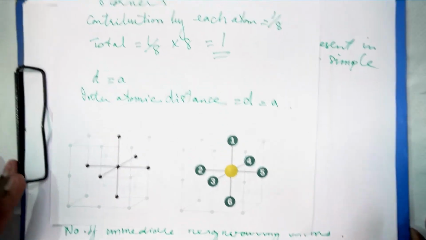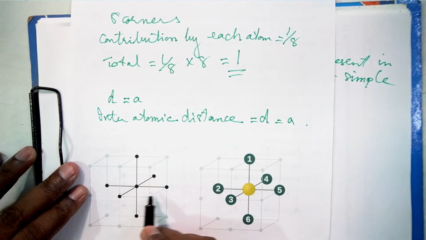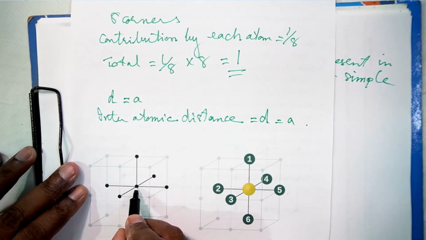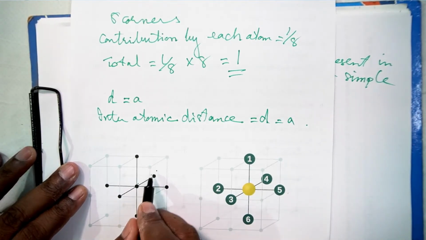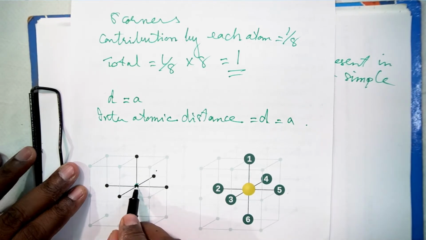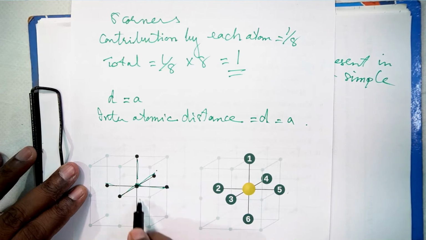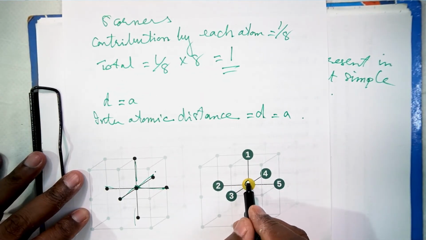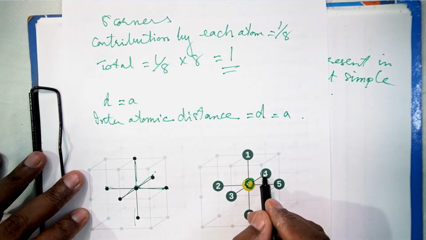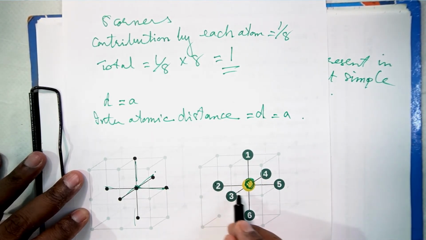See this one. So here we have 8 cubes. The center atom is a corner of one of the cubes. It is in contact with the next atom. So the immediate neighbors, this is 1, 2, 3, 4, 5 and 6.